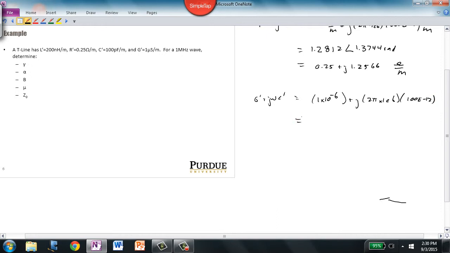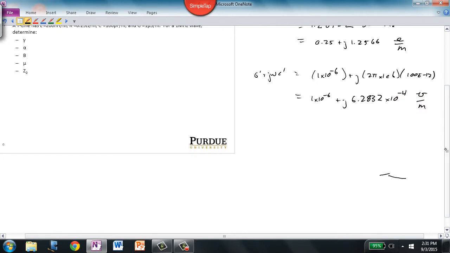And that's going to give us 1 times 10 to the minus 6 plus j 6.2832 times 10 to the minus 4 mhos per meter for that. And if we were to write that in polar form, it's going to be 6.2832 times 10 to the minus 4th at an angle of 1.5692 radians.